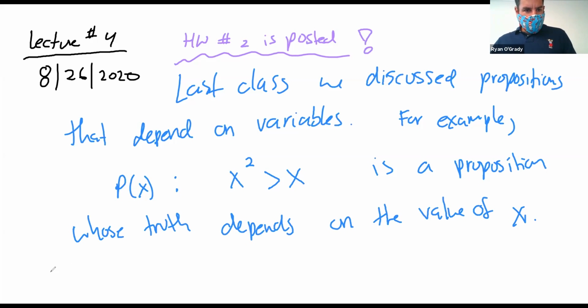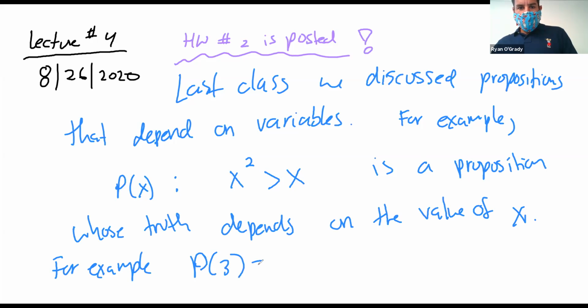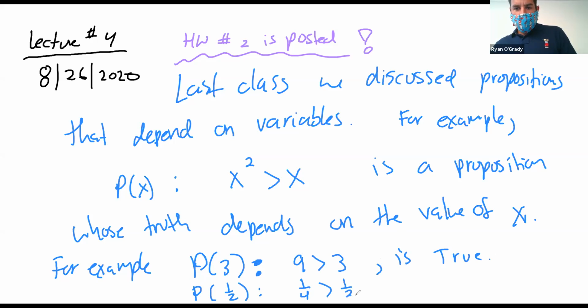What I mean by that is if I say P of 3 is the statement that 9 is greater than 3, this is true. But P of, say, 1/2 is the statement 1/4 is greater than 1/2, which is false. So think about that for a second, and if you have a question about it, let me know.